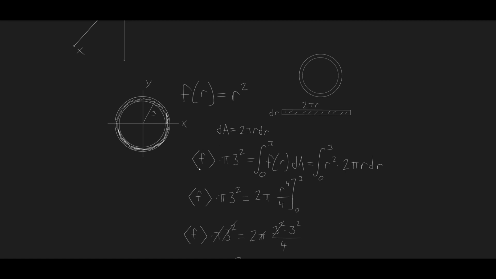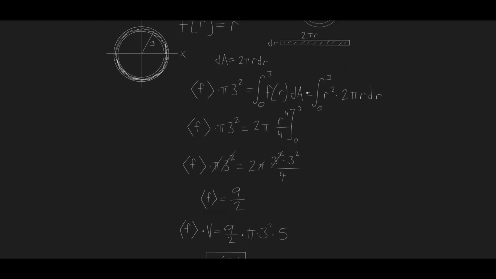So the average value of the function times pi times 3 squared, or the area of this circle, is equal to the integral from 0 to 3 of f of r dA, or the integral from 0 to 3 of r squared times 2 pi r dr. So this is dA, and this is f of r.